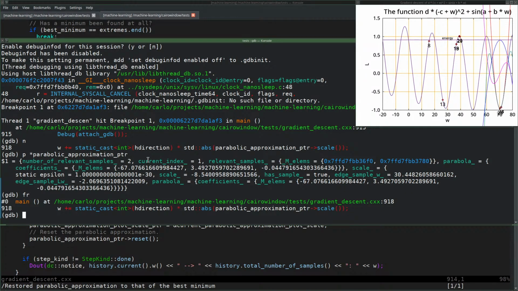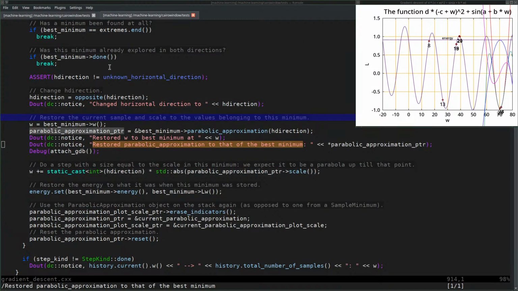Now, to think, why is this happening? Well, this is the correct value. I think it's time to look at what best minimum is.